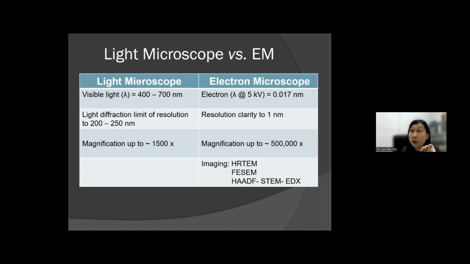For example, a light microscope uses visible light with a wavelength of 400 to 700 nanometers. However, the electron microscope uses electrons, which have a much shorter wavelength, 0.017 nanometers at 5 keV. This can give us a better resolution down to 1 nanometer. So TEM and FESEM both use electrons for imaging.